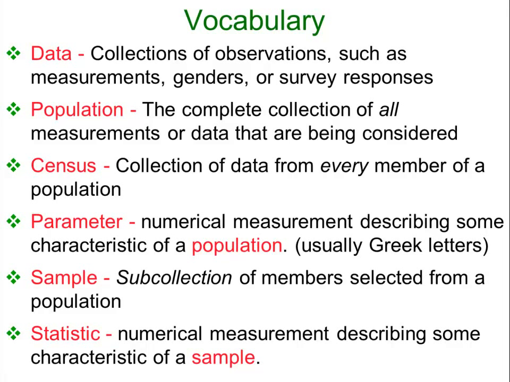So for instance, with parameters, we'll have Greek letters like mu for mean, or sigma for standard deviation, whereas in statistics we'll have x bar for mean and just s for standard deviation.